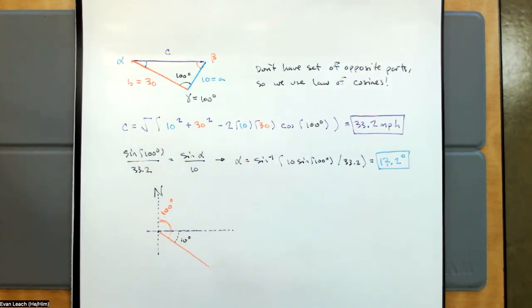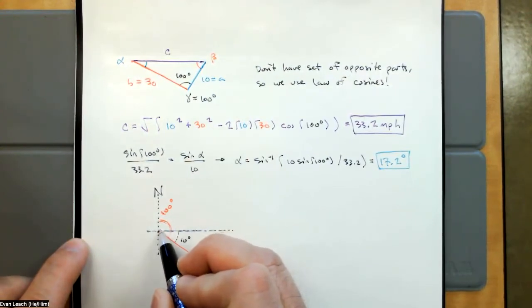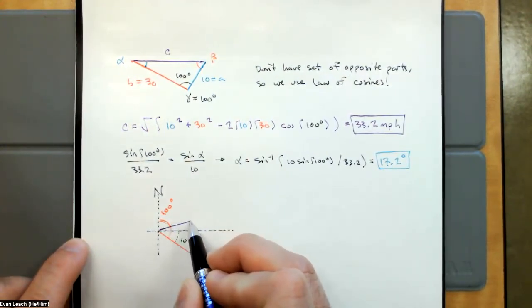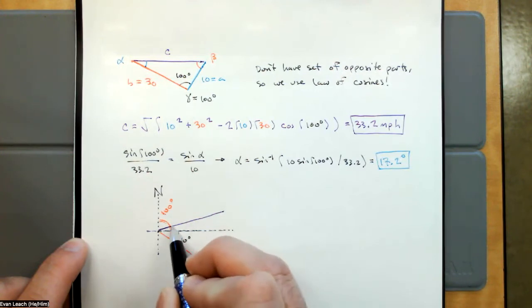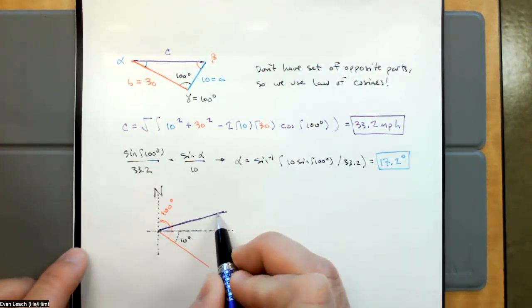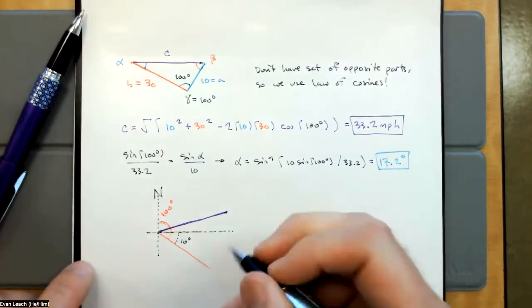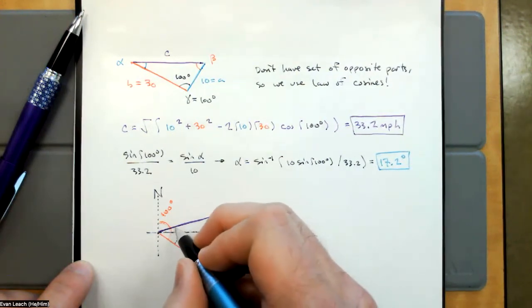The angle between the path of the boat, what the boat thinks it's doing, and the actual course is 17 degrees. So angle alpha will be 17 degrees.